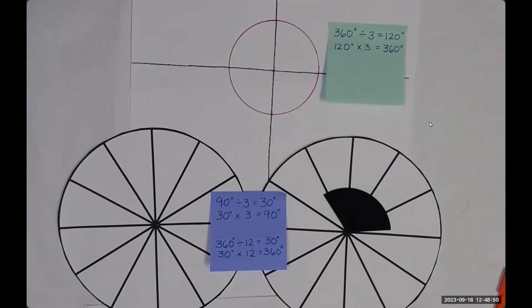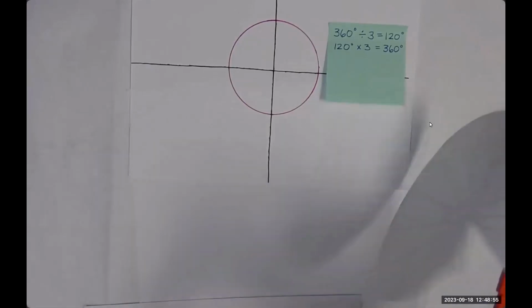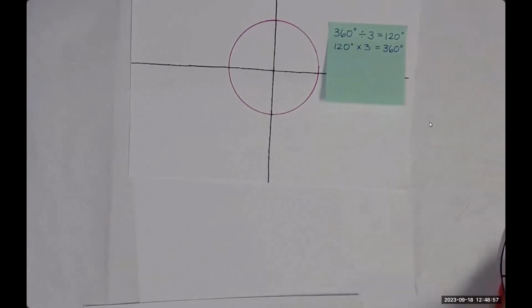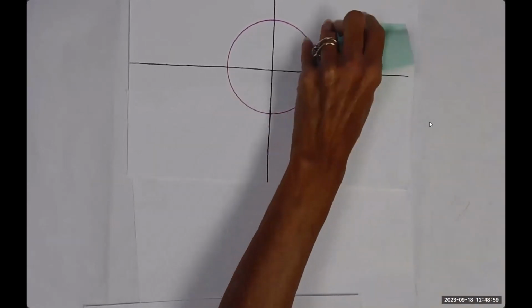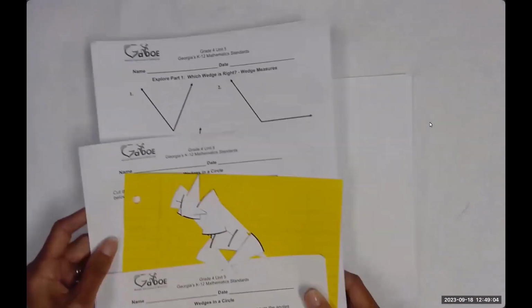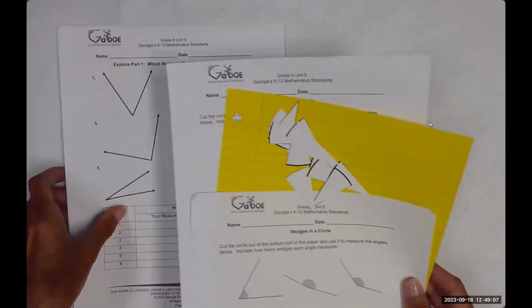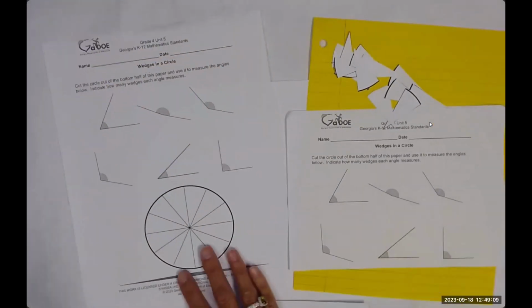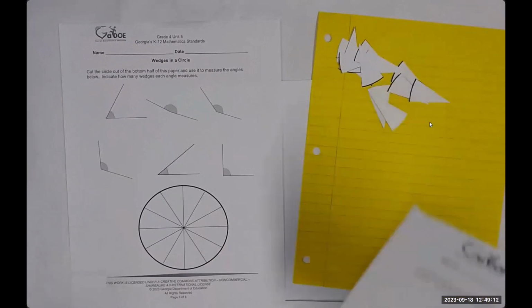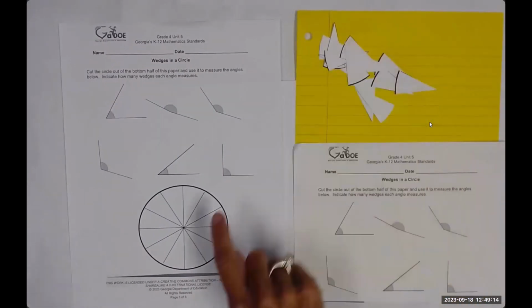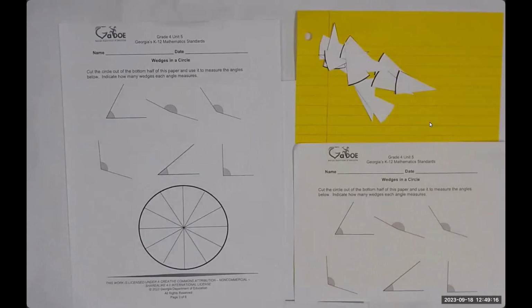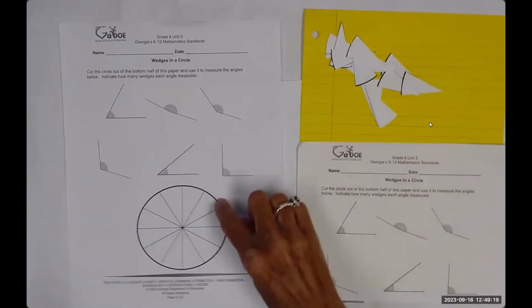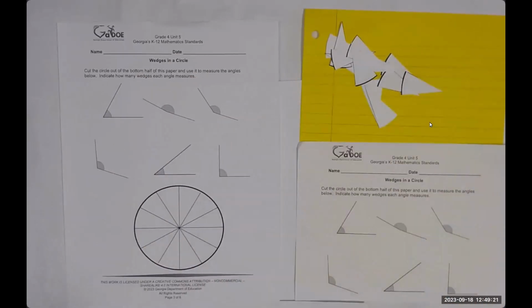The Georgia DOE also has a good task, where students can cut out some wedges. It looks a little like this. So I cut out the wedges here. It's 1 page, and the students are cutting out these wedges, and the wedges, just for your reference, are the same as a 12th.